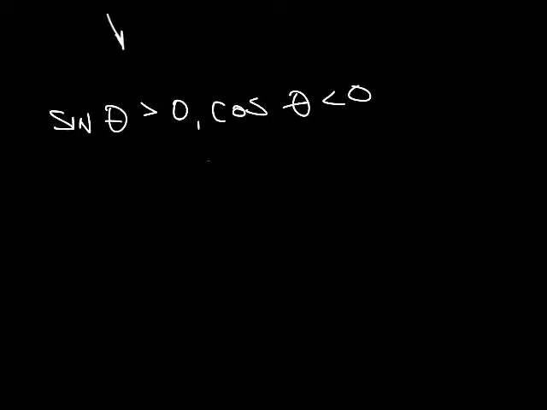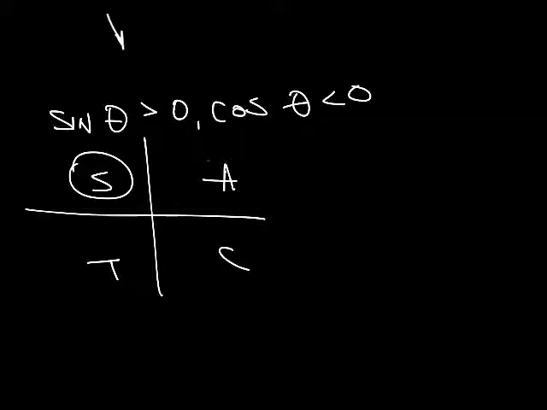So what quadrant is the sine greater than 0? Well, if you use All Students Take Calculus, sine is positive in that quadrant. So quadrant 2 would be the answer for that. And the cosine of theta in that quadrant is negative because the only ones that are positive in the second quadrant are sine and secant. Or I'm sorry, sine and cosecant.